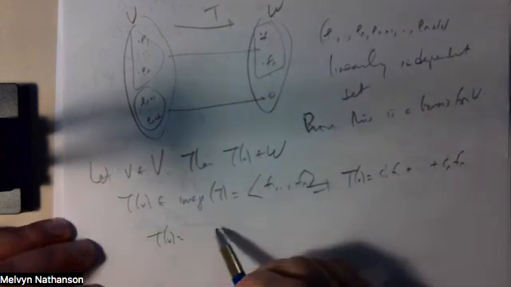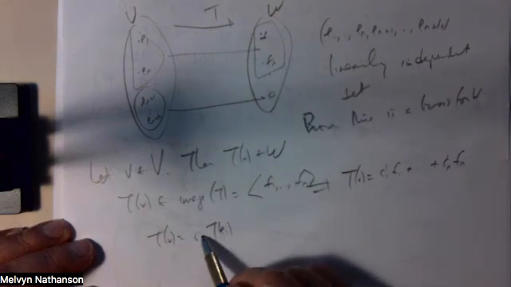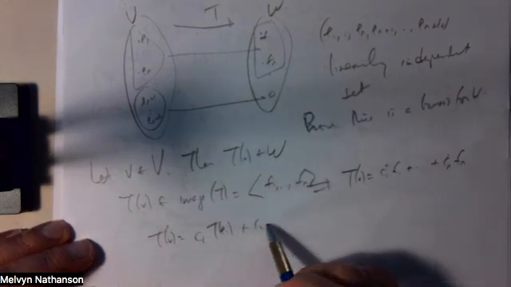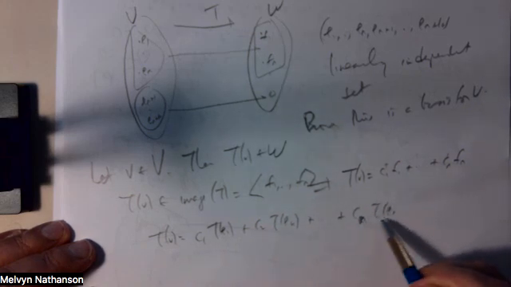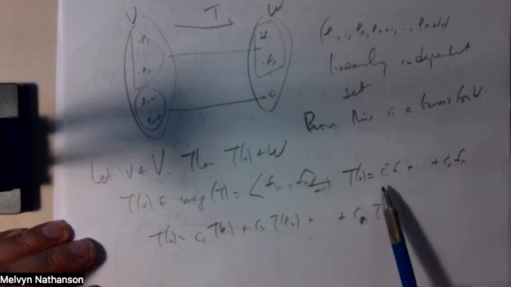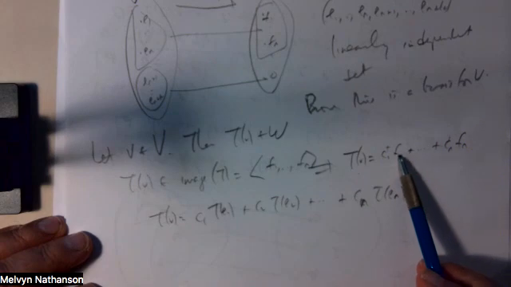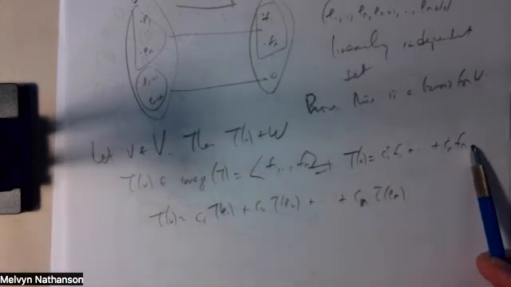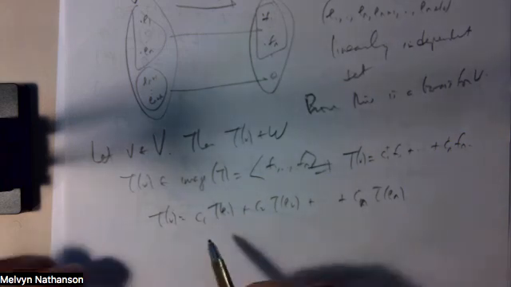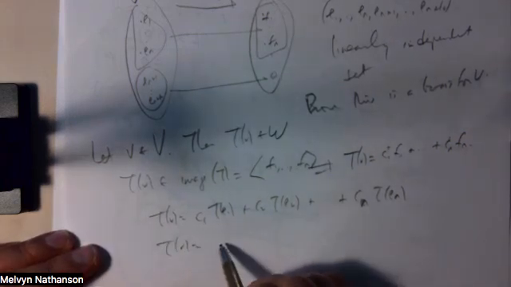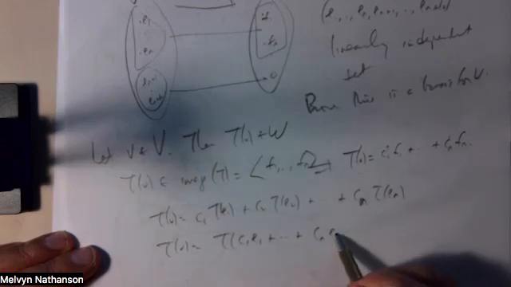But F1 is T(E1). So this is some scalars, c1 T(E1), c2 T(E2), up to cR T(ER). Right? T(v) is in the image of the linear transformation T. The image is spanned by the vectors F1 up to FR, and each of these Fs is of the form T(E). Since T is linear, T(v) is T(c1 E1 up to cR ER).